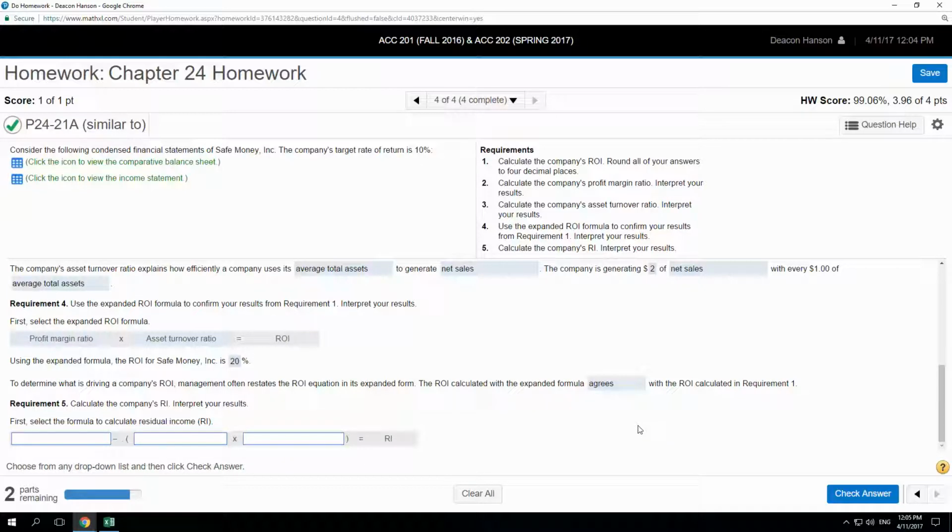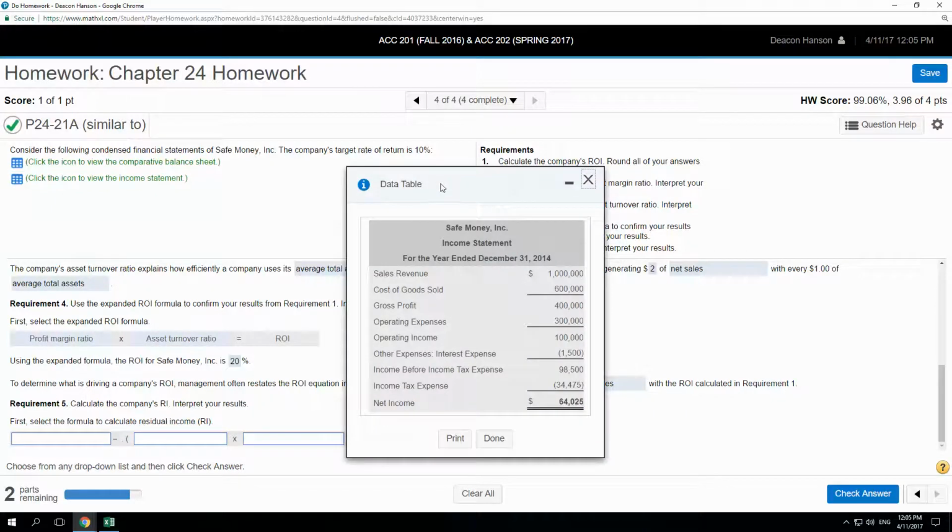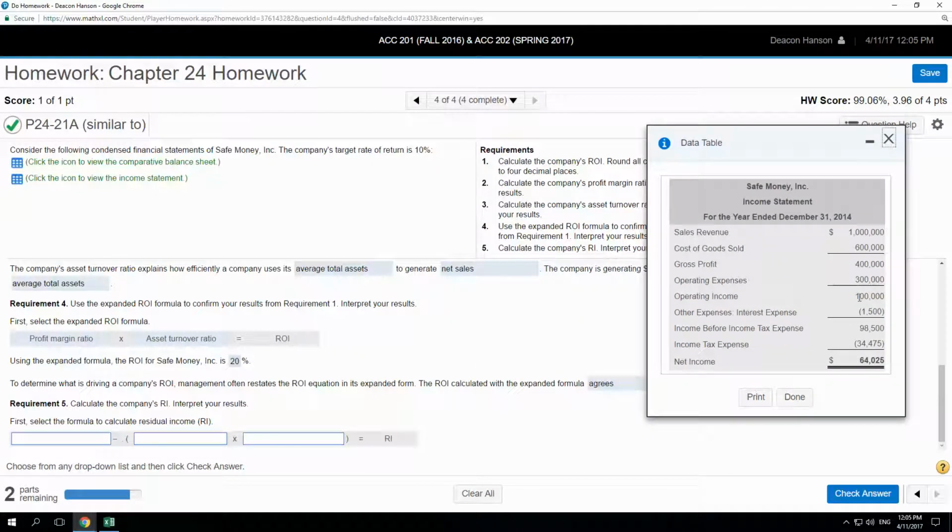Okay, now they want me to figure out residual income. So you're going to take your actual operating income, which is 100,000 from the income statement, and you're going to subtract, see how this is in parentheses, what your target was. The way you determine your target is you're going to take 10% times your average total assets.